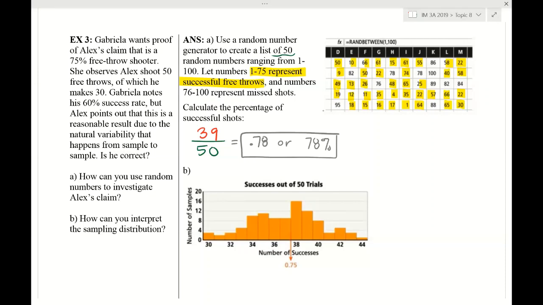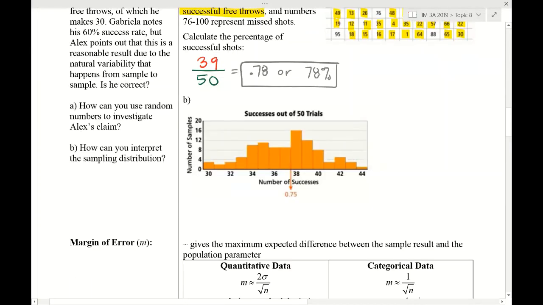Then if we look at this sample distribution, they did 50 more trials of the 50 shots to see what their number of successes were. The average is 0.75, so the middle is there at 0.75.